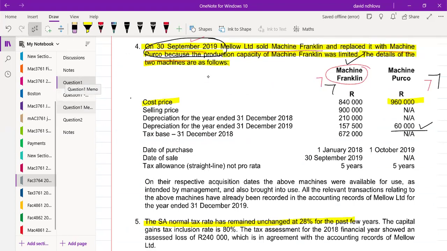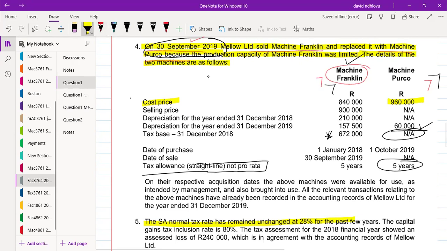Then for that particular machine, this time they did not calculate the tax base for you. You have to calculate that on your own. This is what they said: the tax allowances, using the straight line method, but not prorated, are over a period of 5 years.